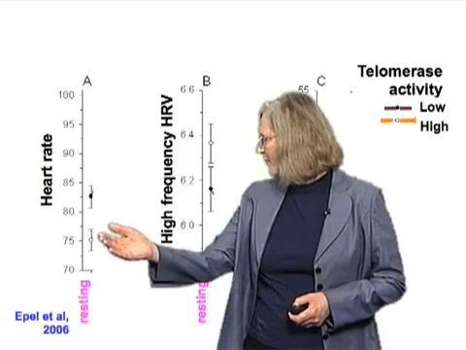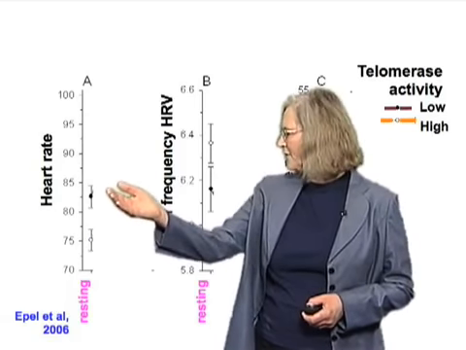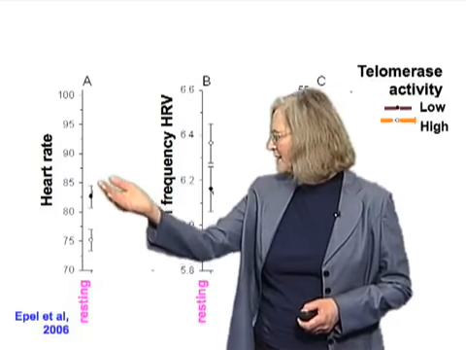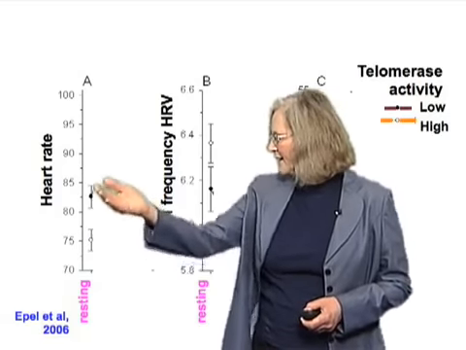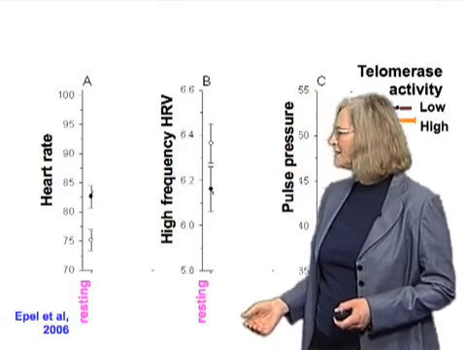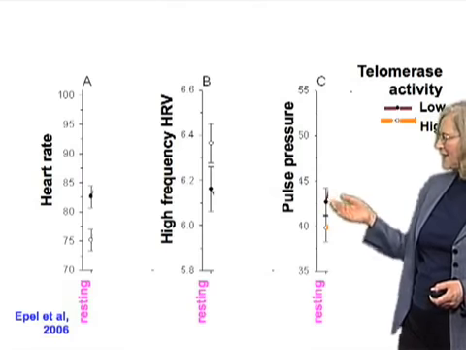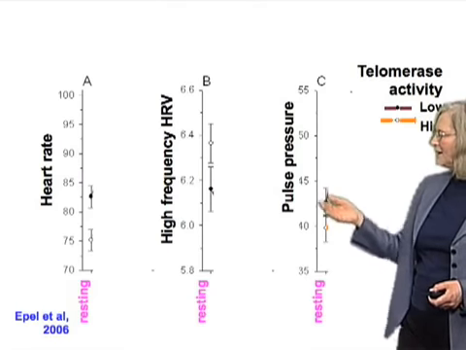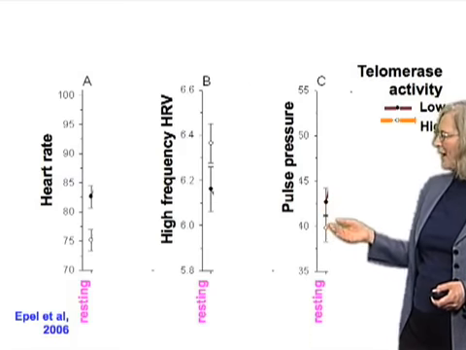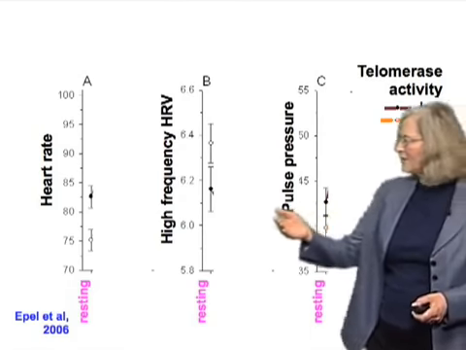And so here's the value for the high telomerase half, and here's the value for the low telomerase half. You can see right away that the low telomerase half have higher heartbeat rate, just even resting, than the high telomerase half. The pulse pressure, the blood pressure, is higher for the low telomerase people than the high telomerase people. So in other words, these are less healthy.